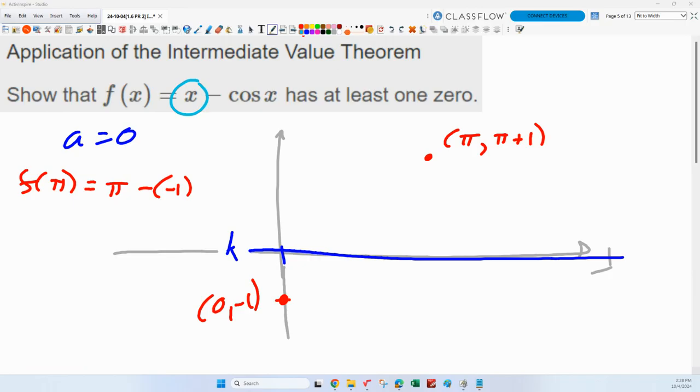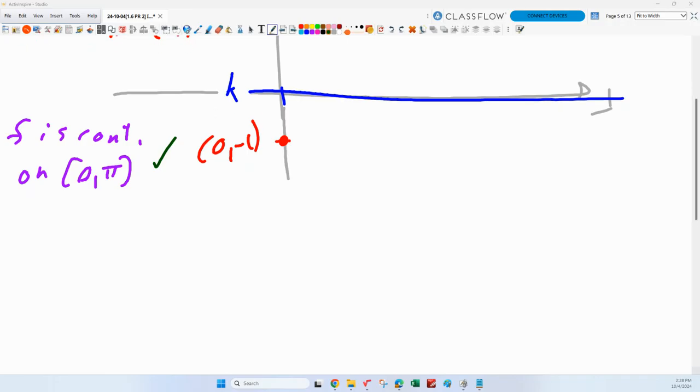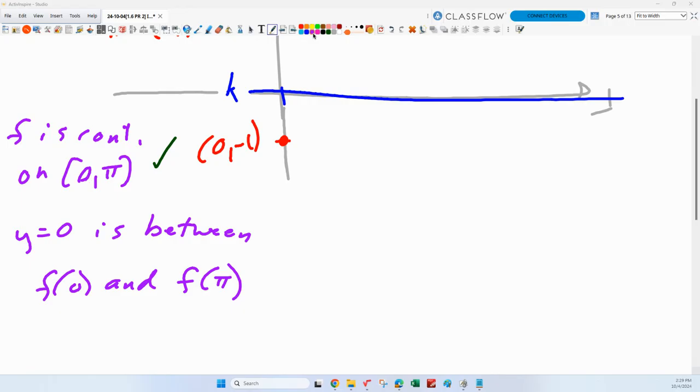Do we meet the criteria? Yes. F is continuous on the closed interval from 0 to pi. Check. Is k an intermediate value? Yeah, right? Y equals 0 is between f of 0 and f of pi.